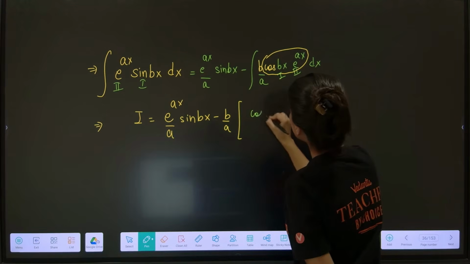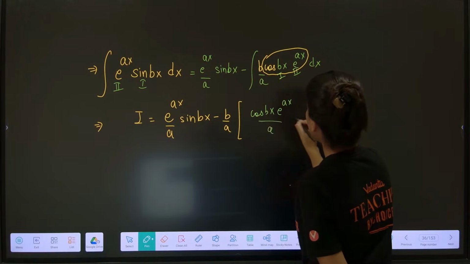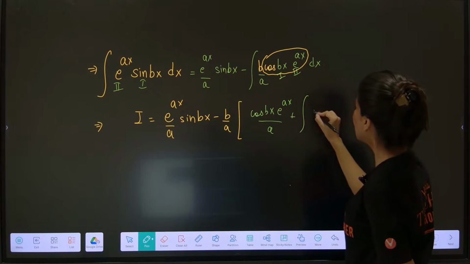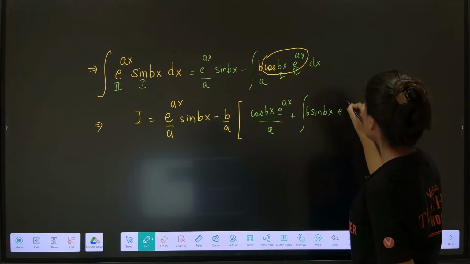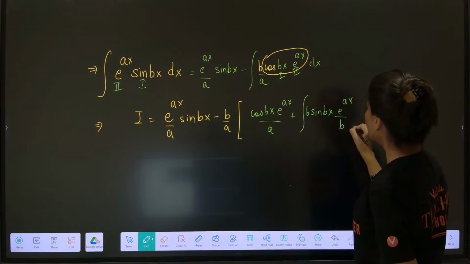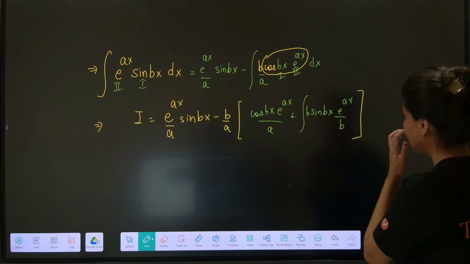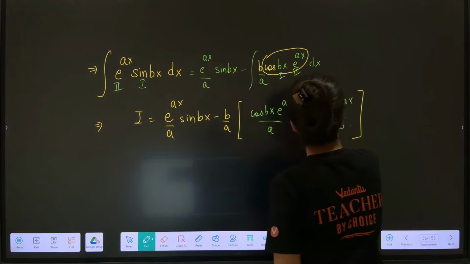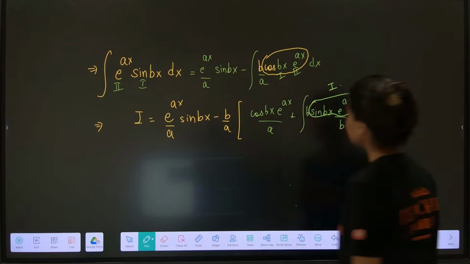First function constant, integration of second minus integration of derivative of first. So cos derivative is minus sin, a little bit lengthy I know, and integration of second. Oops. Okay. Can you see again? This is the same thing which we are trying to integrate. This is your I only.